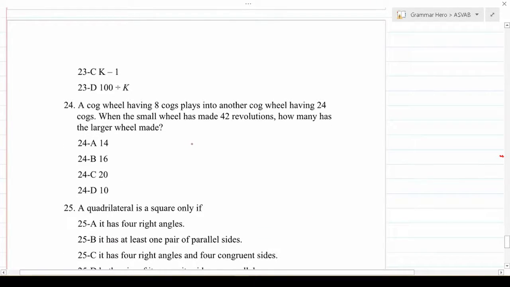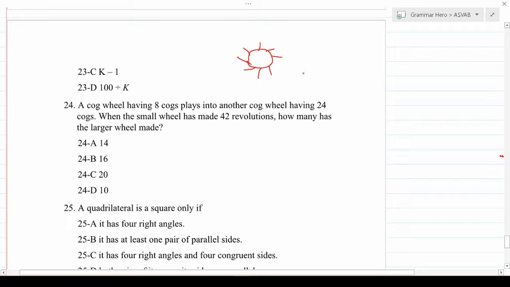A cogwheel having 8 cogs plays into another cogwheel having 24 cogs. When the small wheel has made 42 revolutions, how many has the larger wheel made? So these are cogwheels. They look like this. They're basically gears.